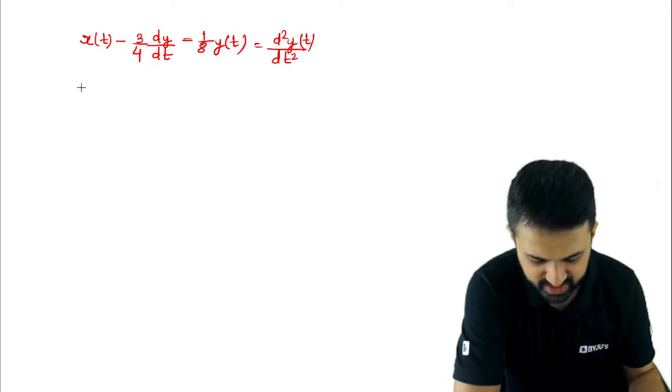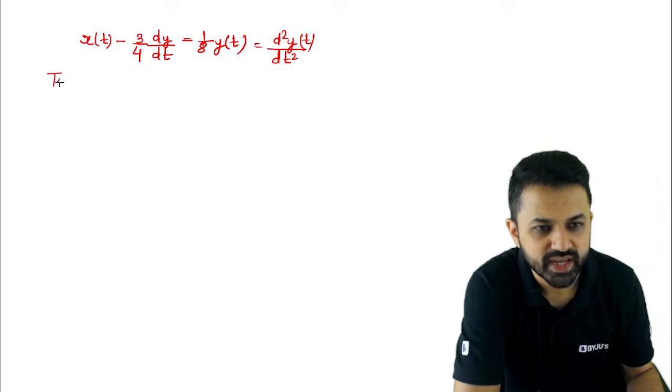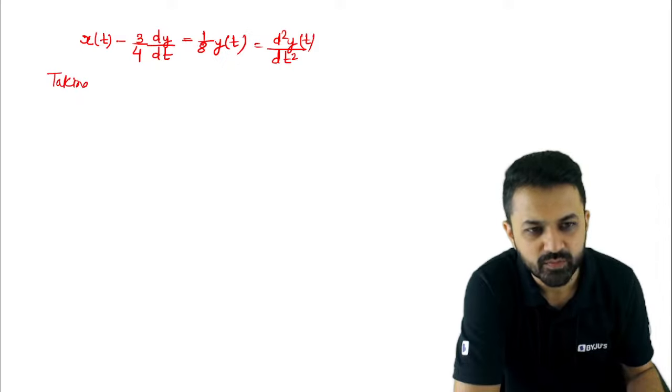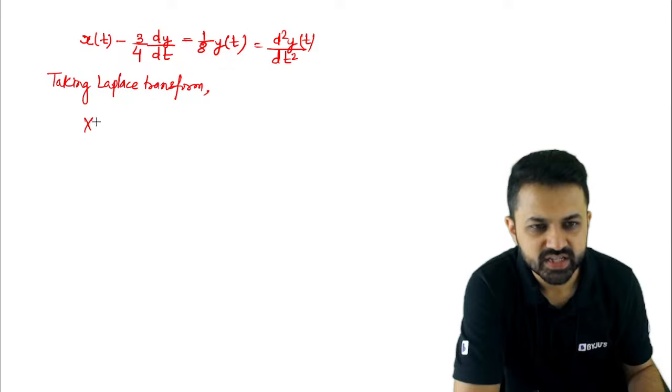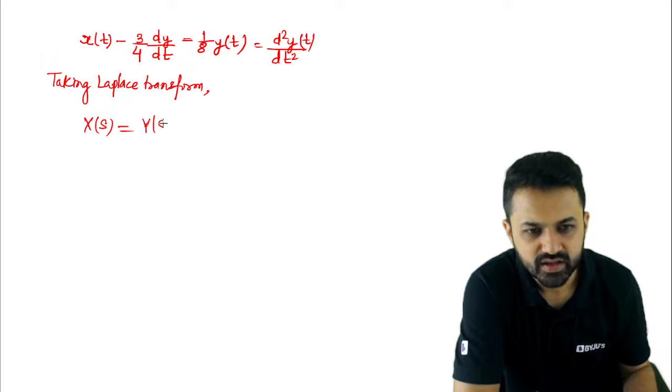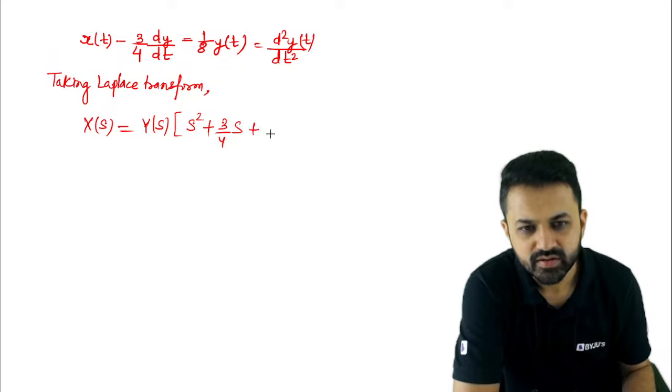Taking the Laplace transform, we will get X of s equals Y of s times the bracket s square plus 3 by 4 s plus 1 by 8.